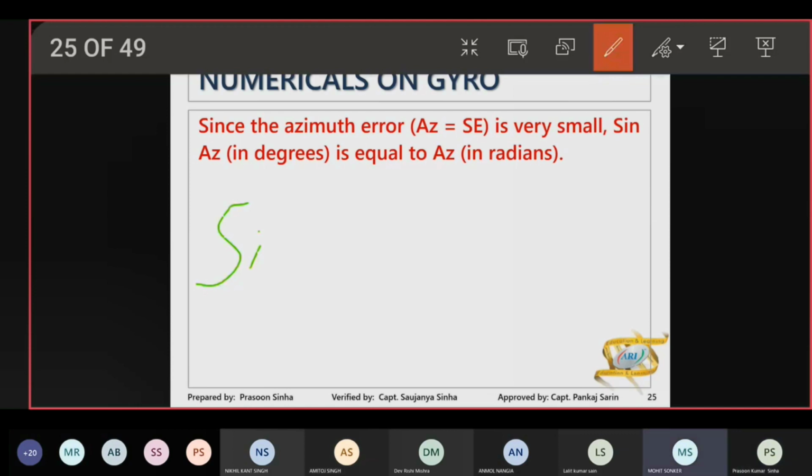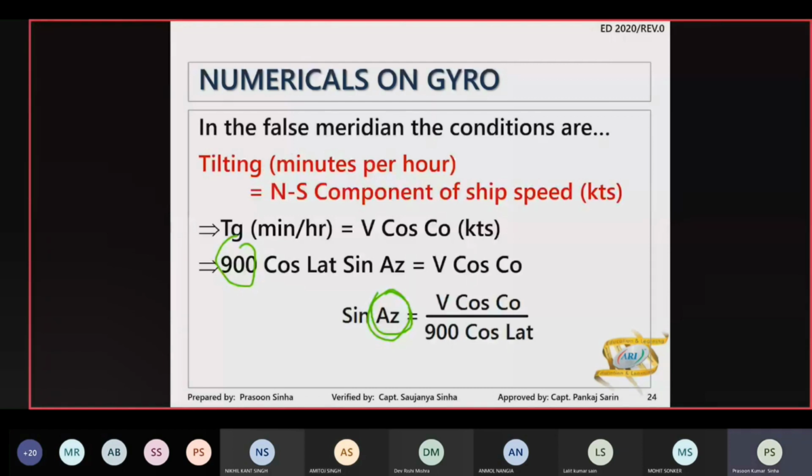This holds only in the case where the steaming error is around 1 degree. Steaming error is mostly very small only because the Earth's motion is 900, while ship motion is 15, 14, 13, 18 knots. So the component introduced by the ship's motion is very minimal.